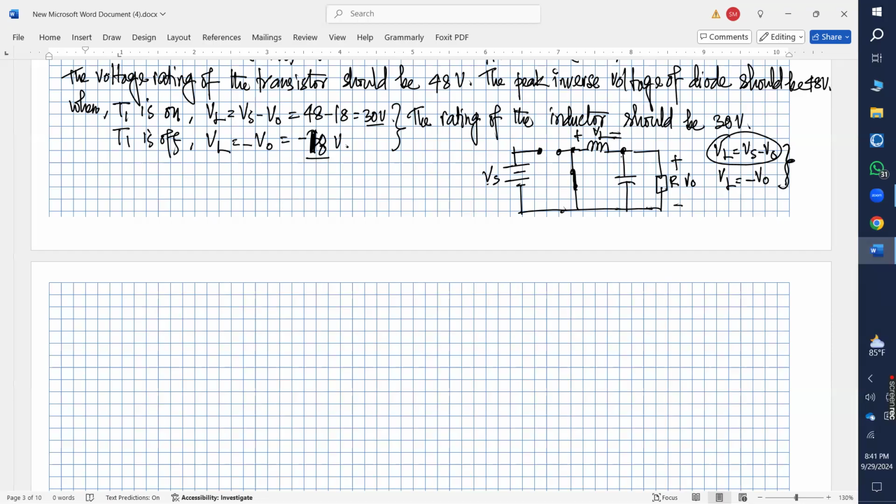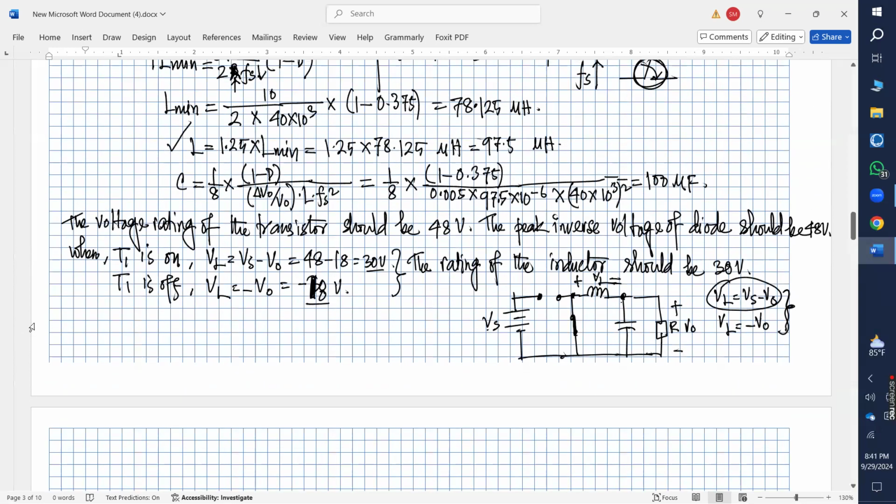Any question? Sir, if T1 is not closed, then how is Vs considered across it? If T1 is not closed, yes sir, take the figure here and take Kirchhoff's voltage law. So minus Vs, then you have this voltage plus VT1, and this is short plus 0.